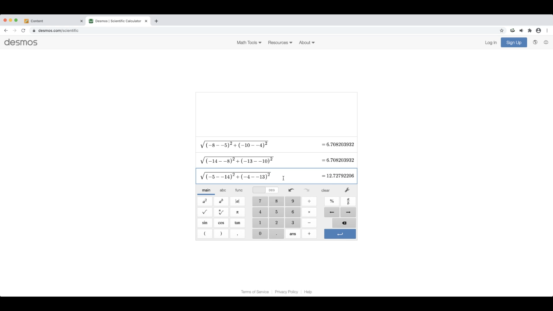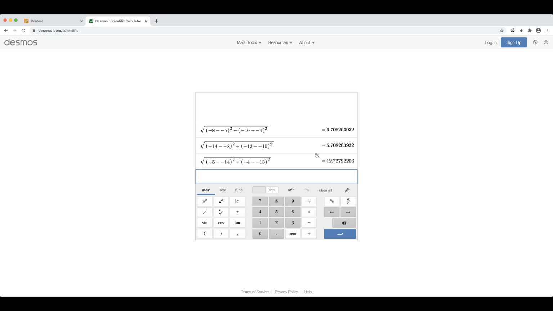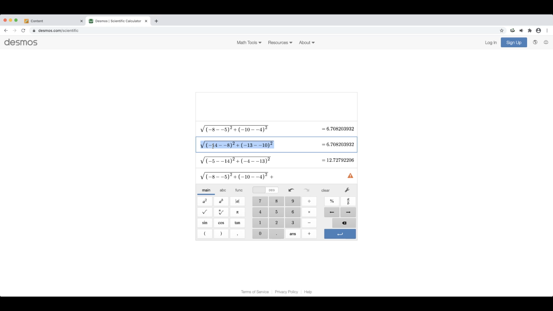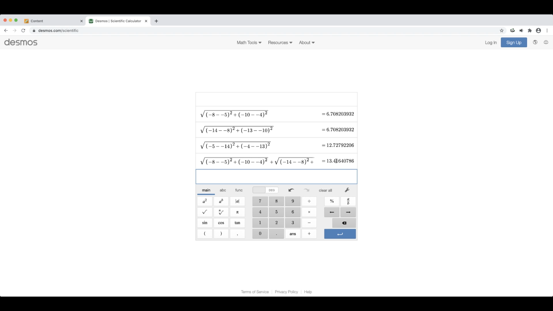Okay, so does it look like they're equal? I'm going to take this one. It doesn't let me right click, so I'm going to Control C and then Control V. Plus, go back to this one, Control C, Control V. And is it equal? No, it's not equal to it.